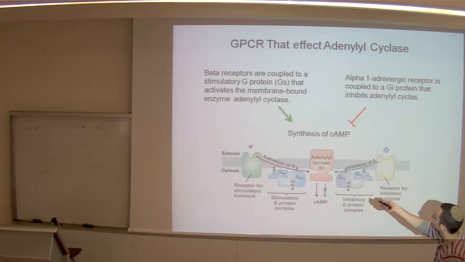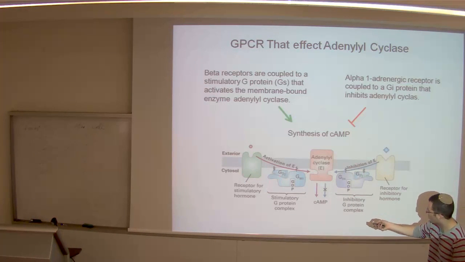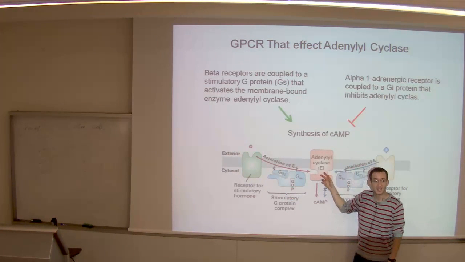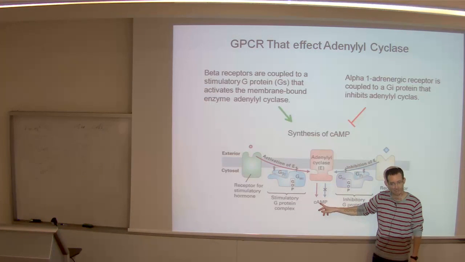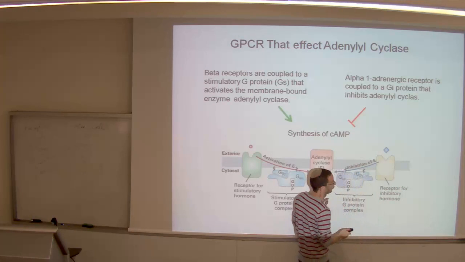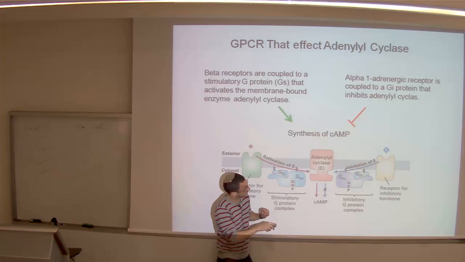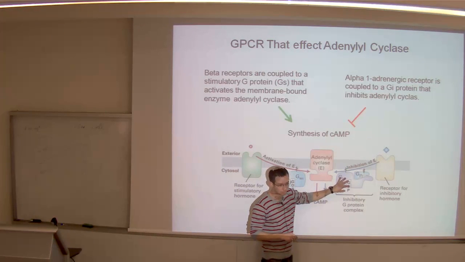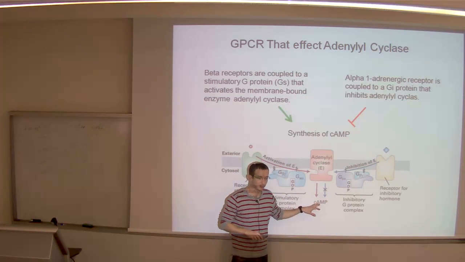Presentation is so huge. Okay, so when it interacts through beta-adrenergic receptor, they interact with stimulatory G protein. And if it's a stimulatory G protein, it activates the adenylyl cyclase, which causes more cyclic AMP to be synthesized. And the same hormone, while it is recognized by the alpha-adrenergic receptors, which interact with inhibitory G complex, which inhibits adenylyl cyclase and causes less cyclic AMP.